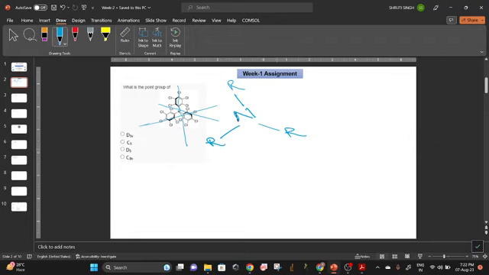Yeah, let me think. Maybe they are showing it as a resonance structure. Okay, but the answer is D3, so according to it, it should have C2.